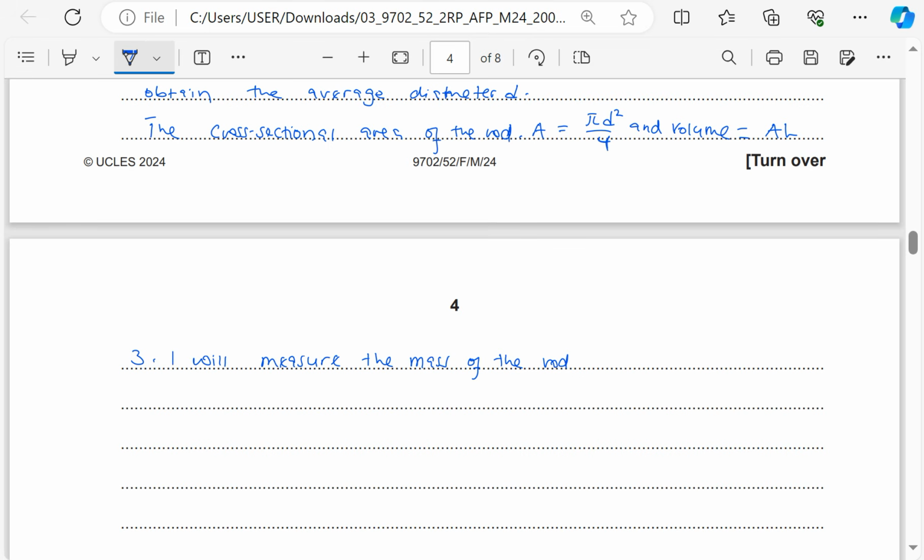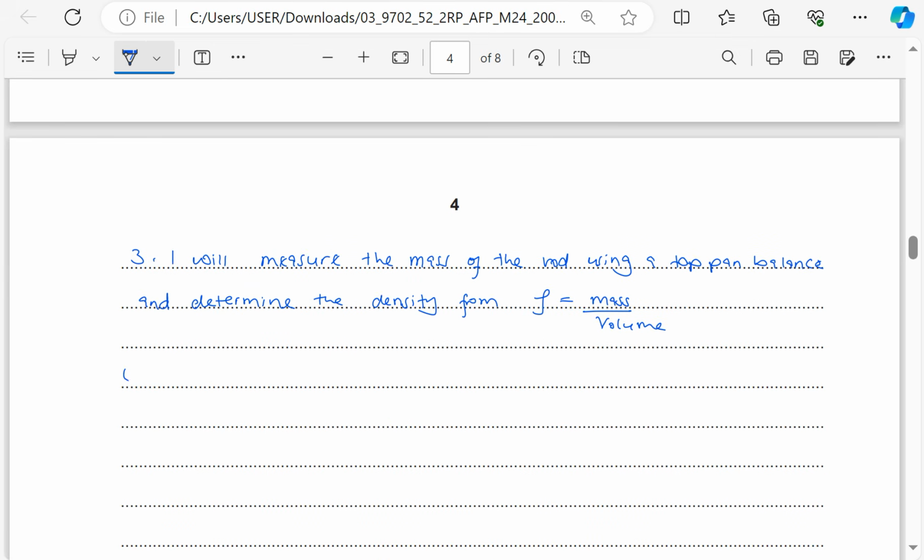So I'll measure the mass of the rod using a top pan balance and determine the density from, of course, density equals the mass, which I've measured using a balance, divided by the volume, which I've obtained from cross-sectional area times L.